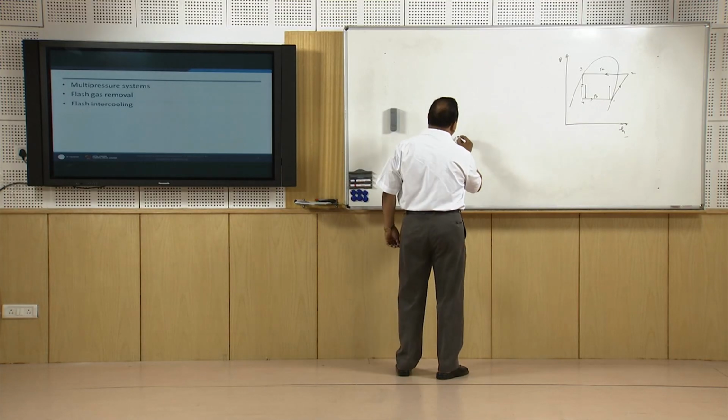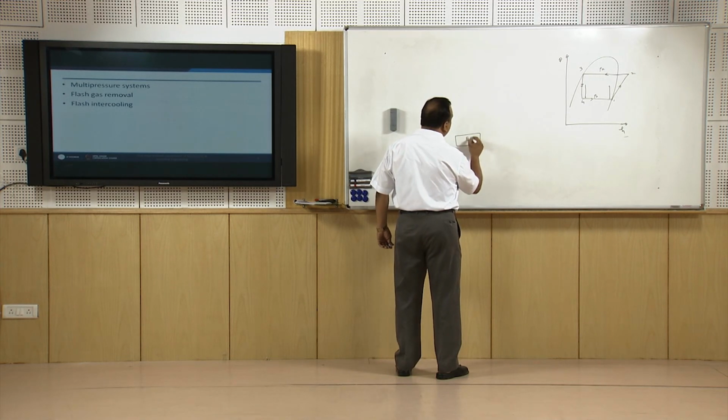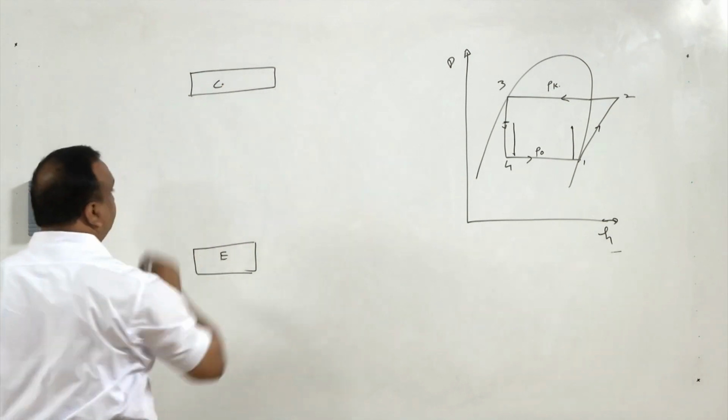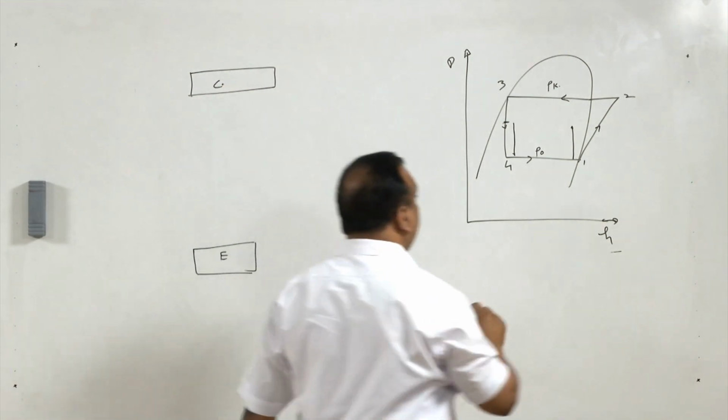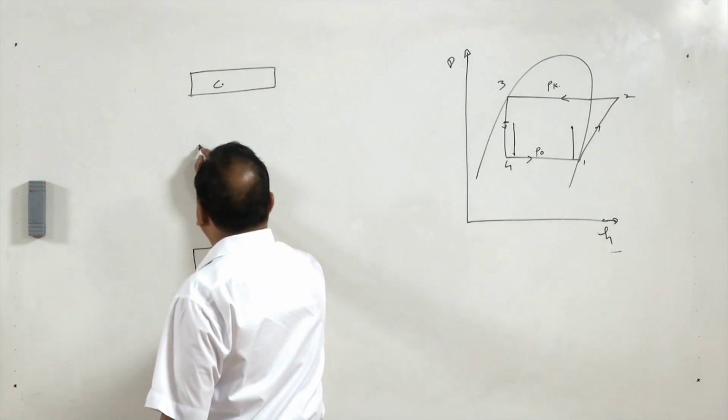If I draw an evaporator in a typical vapor compression system, and there is a condenser, between the evaporator and condenser a flash gas removal system is provided.